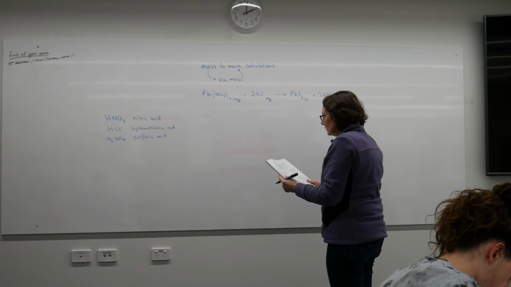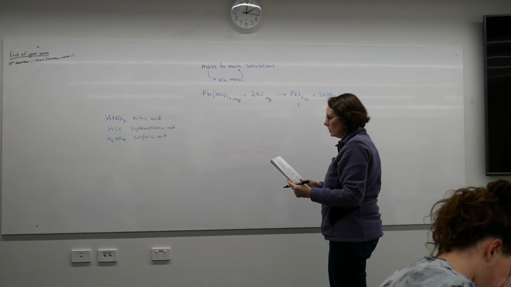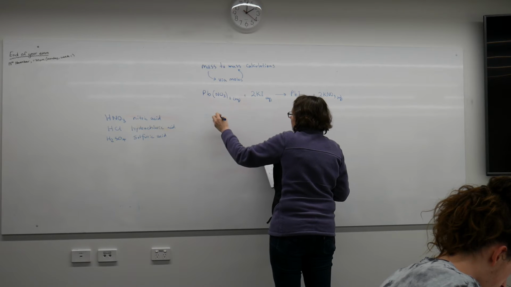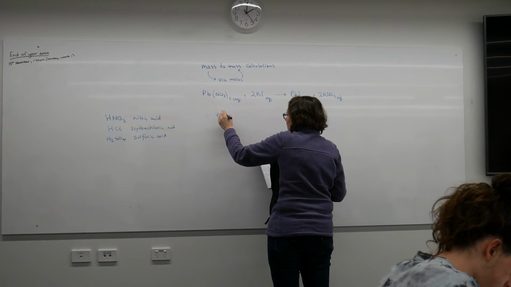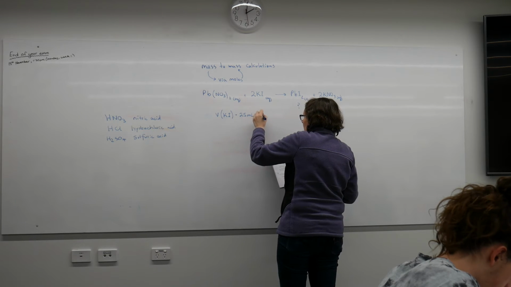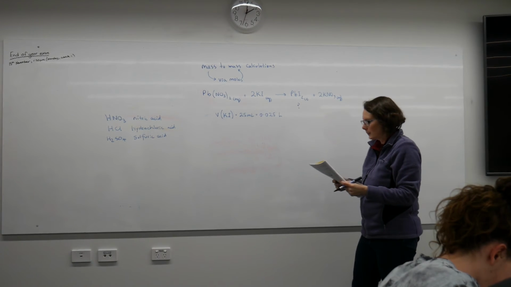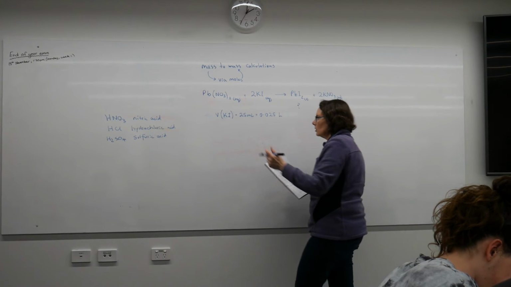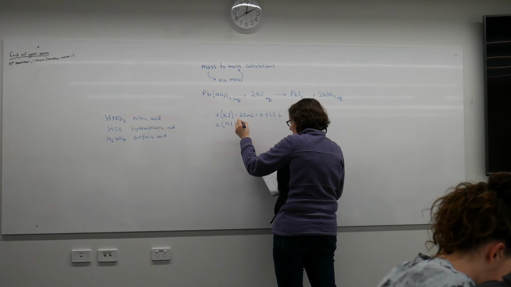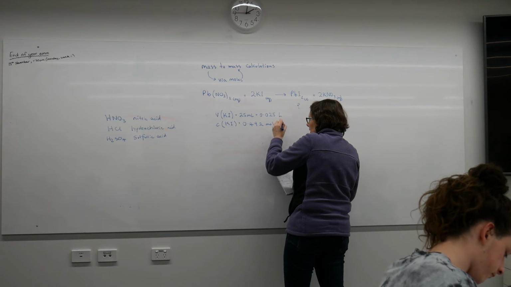We want to find the mass of lead iodide that's going to be produced, and we reacted 25 mils. So we know our volume of potassium iodide is 25 mils. So it's 0.025 litres. And we know that the concentration of the potassium iodide is 0.492 moles per litre.